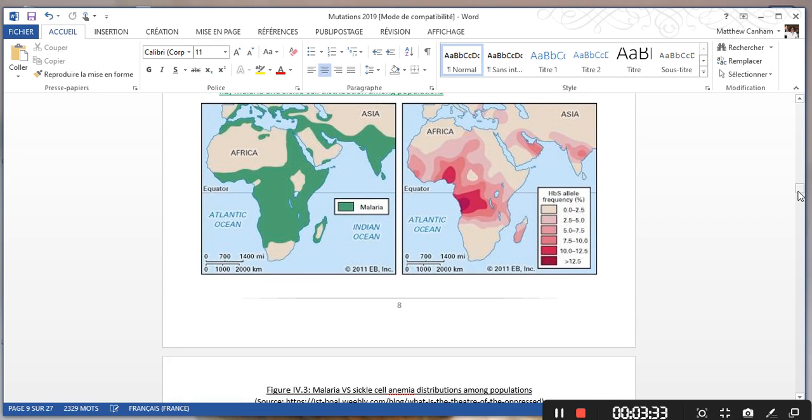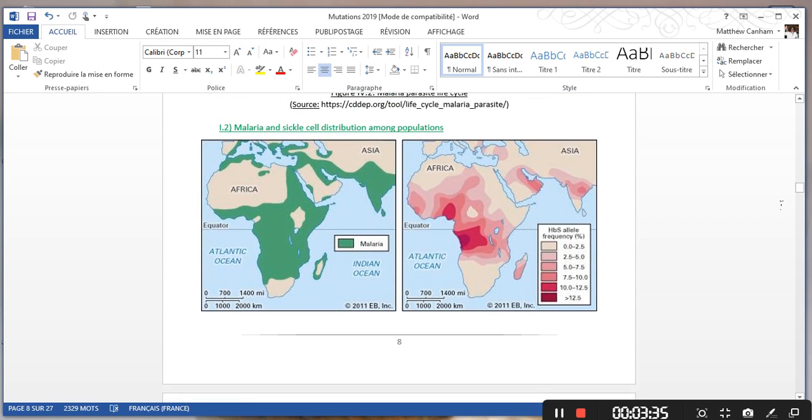Okay, so there's something striking, is that there are areas where this HBS allele frequency is higher. We could imagine that this frequency should be roughly the same everywhere in the world.